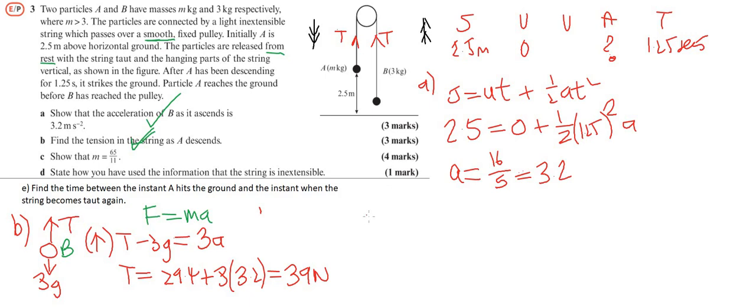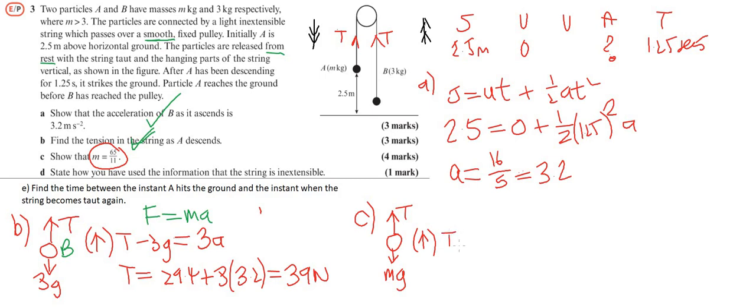Okay, so now we can move to C. Show that M, the mass of A, is 65/11. Well, again, we can take this one individual part A, and then the tension is going up and the weight is going down. Again, I'm going to resolve in that direction.